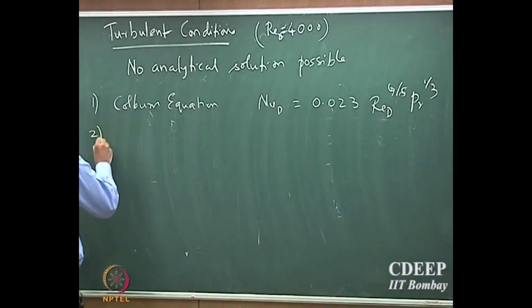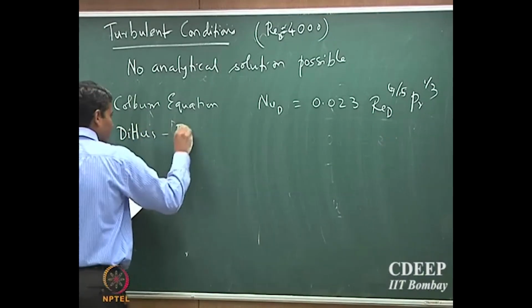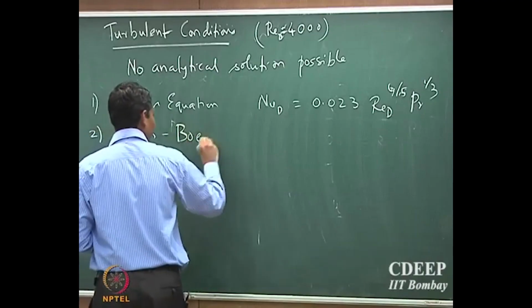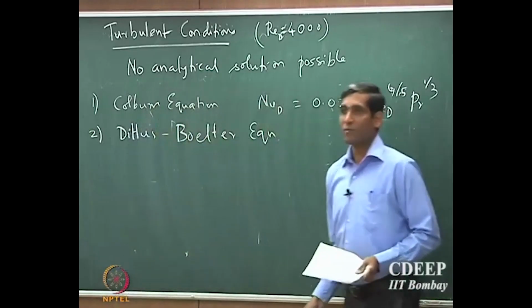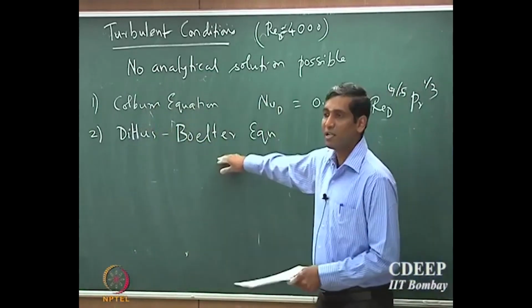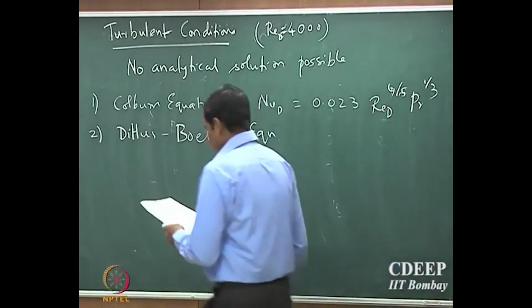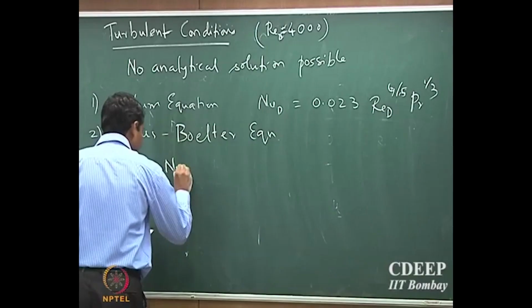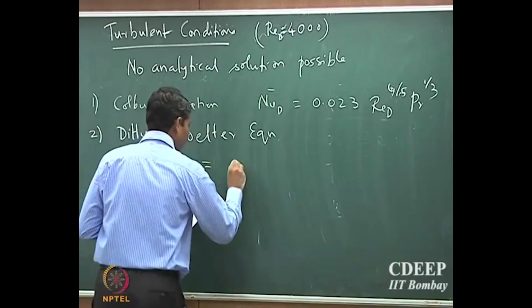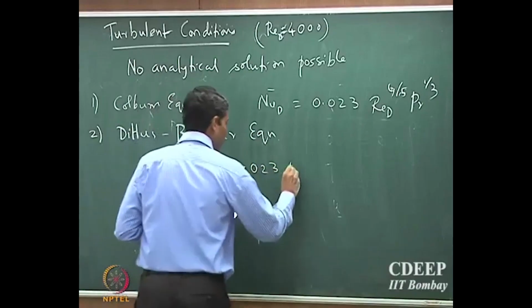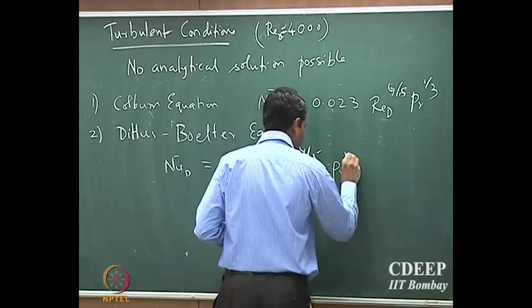And a general correlation is called the Dittus-Boelter equation. So, this is actually something which is very widely used, and in fact you must have seen this in your turbulent flow experiments, those who have already performed it. And the equation is average Nusselt number equals 0.023 Re_D to the power of 4 by 5 into Prandtl to the power of n.